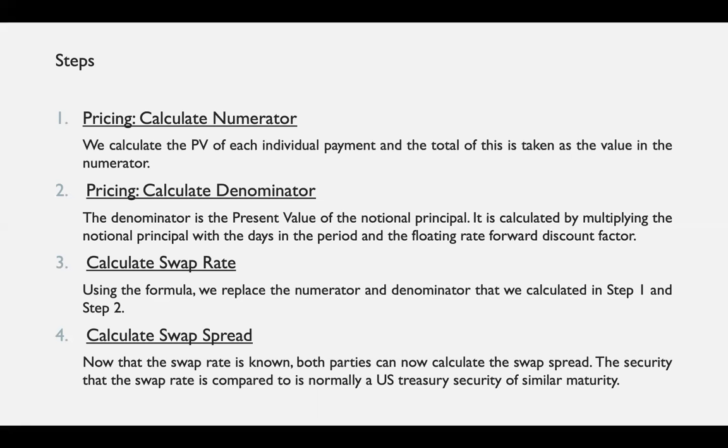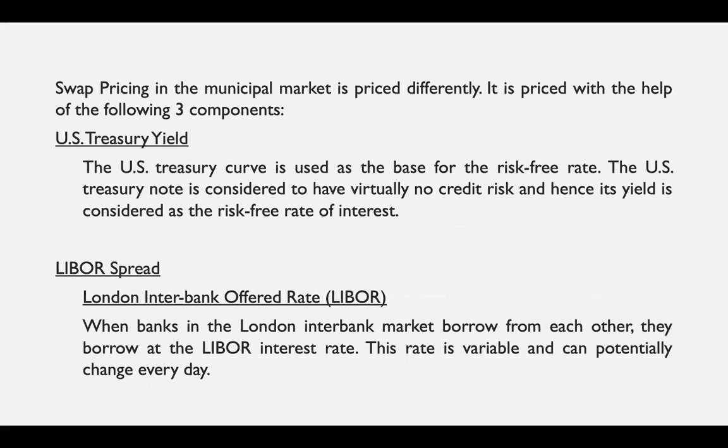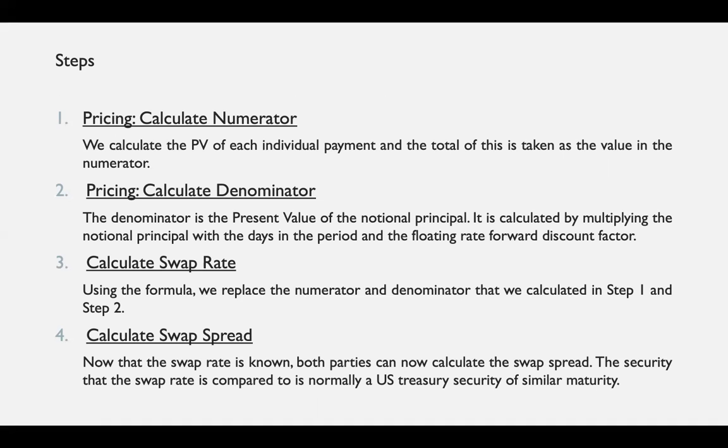The swap rate tends to be compared with a US Treasury security of similar maturity. In this case, the swap rate was found for a 3-year swap agreement, so we would take a US Treasury note with a 3-year maturity period as well, and we would compare that with the swap rate. The difference between the US Treasury security and the actual swap rate that we calculated would be considered the swap spread.